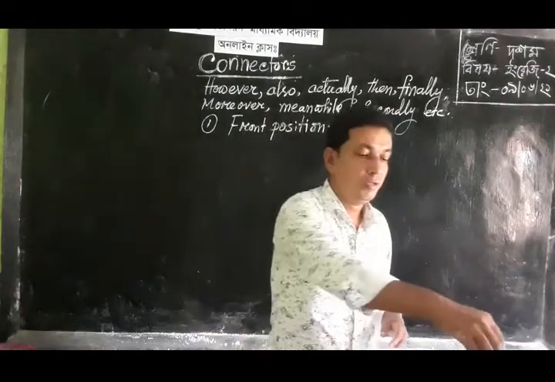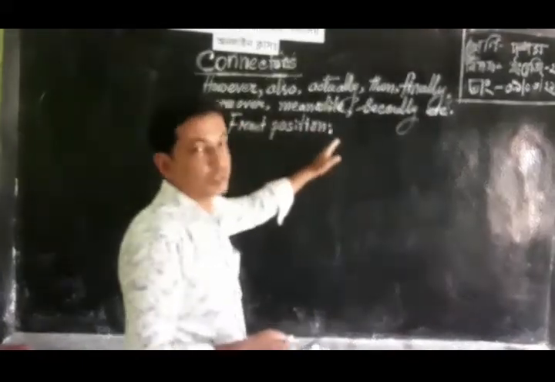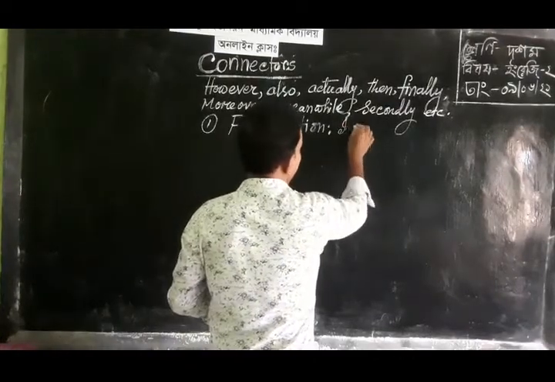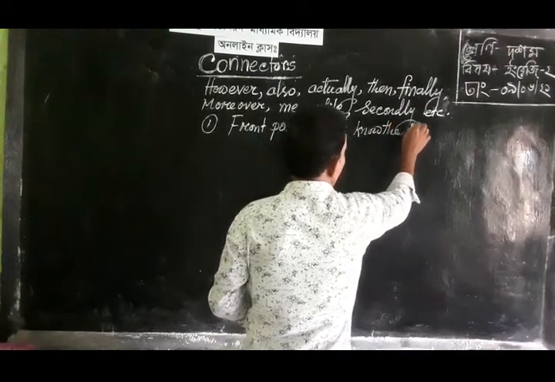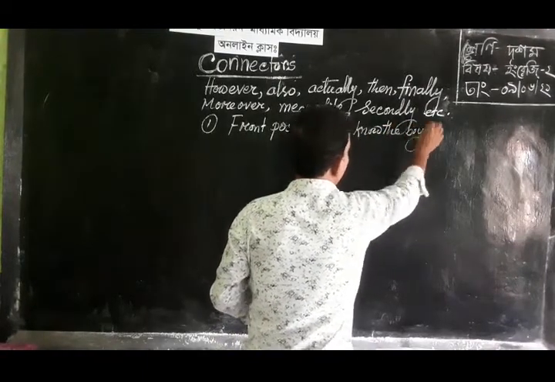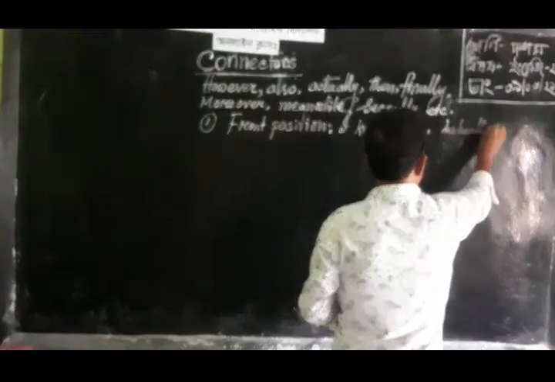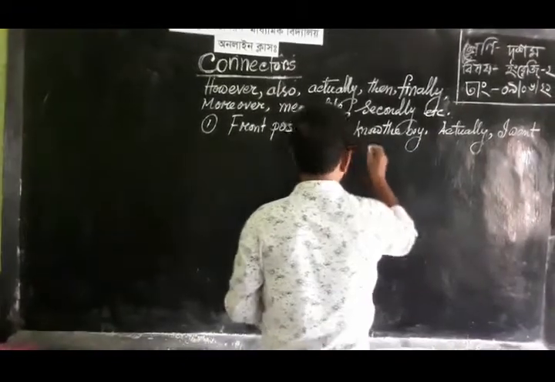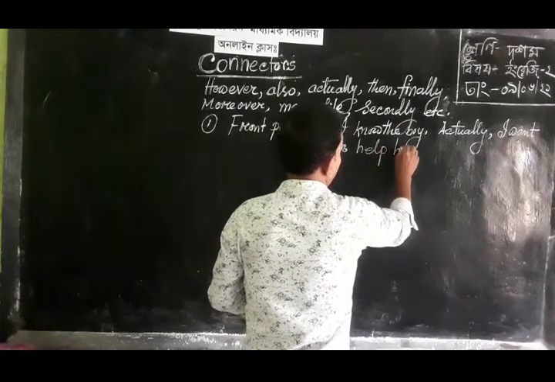So now I am writing on the blackboard the example of front position. Now I am giving an example such as: I know the man, I know the boy. Actually, I want to help him.